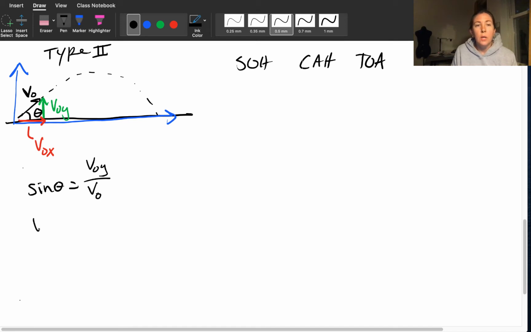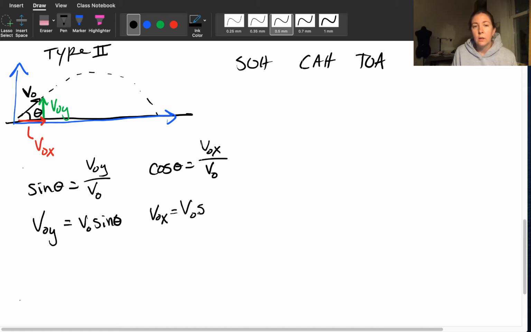And so the initial velocity in the y direction is simply v naught sine theta. And then the cosine of theta is our adjacent, or our v naught x, over our hypotenuse v naught. And we'll move this to the other side. So our initial velocity in the x direction is v naught cosine theta.